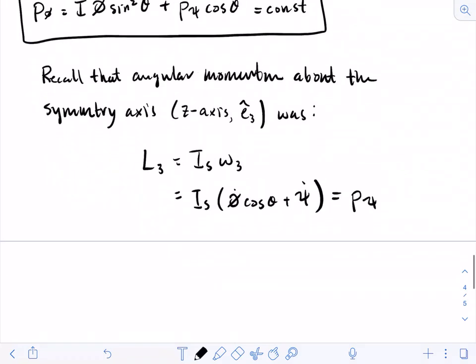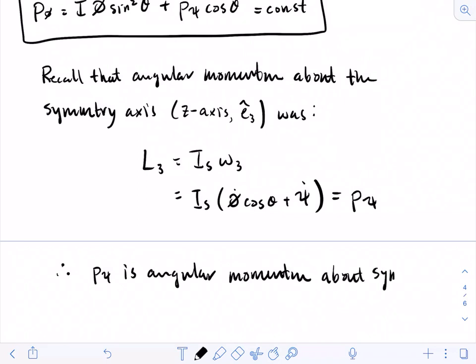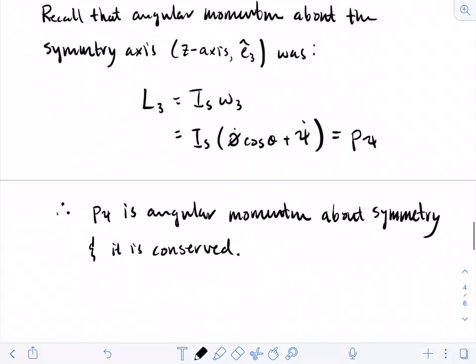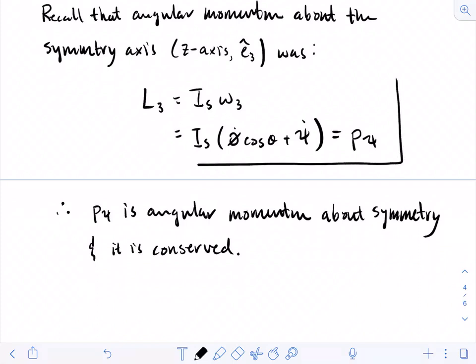Okay, and so therefore the conclusion we could make, therefore p psi is the angular momentum about the symmetry axis, and it is conserved, or it's a constant. Okay, good. So we can just put this in a box.